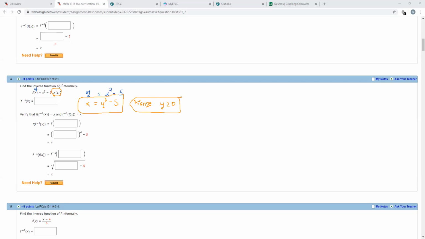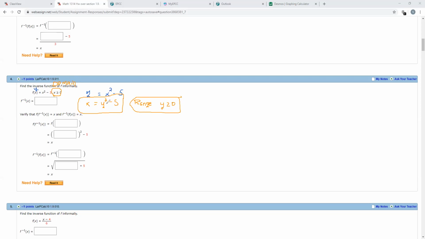So because the domain of the original one is greater or equal to 0, when you invert, instead of x being greater or equal to 0 on the original function, y will have to be greater or equal to 0 on the inverse function.